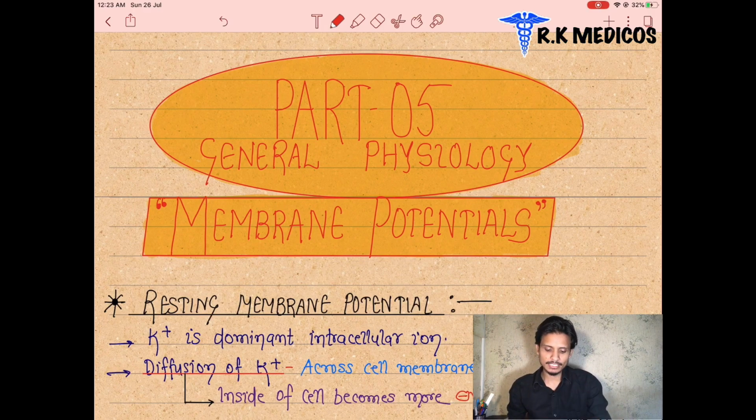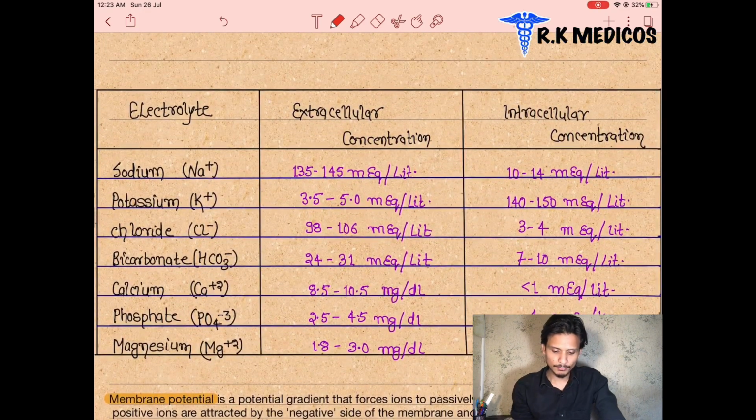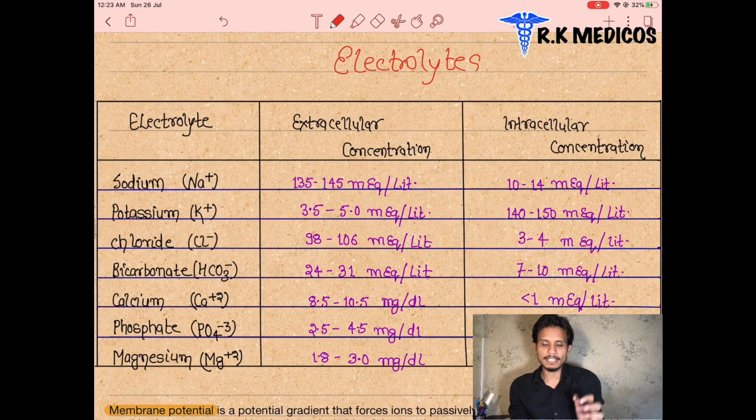Basically, we can see in this table the electrolytes. What electrolytes are present in the extracellular compartment? As we can see, these are present in the extracellular fluid, and these are present in the intracellular fluid, and these are the electrolyte concentrations, meaning what amount is normal for human beings.